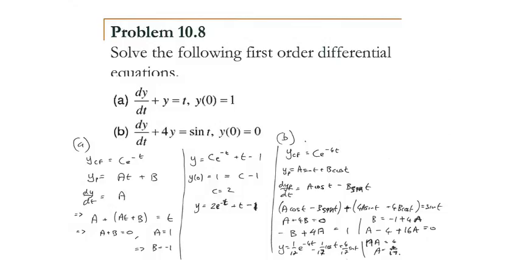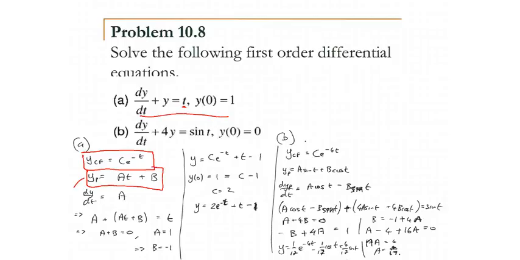So here are some more involved examples. For problem A, the first thing is I find the complementary function. That should be straightforward. The particular integral, well, I need to look at the term on the right hand side, and I assume that y could be at plus b.